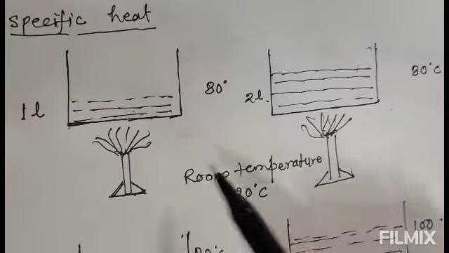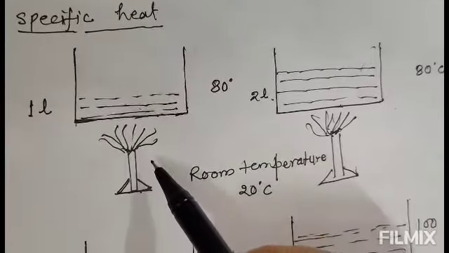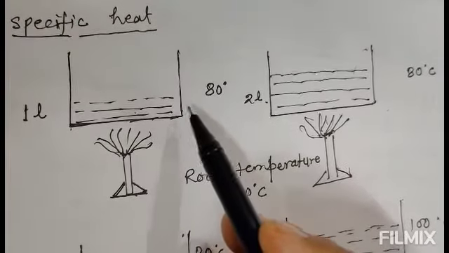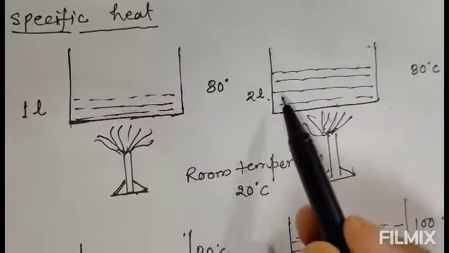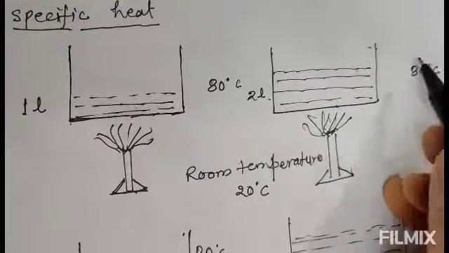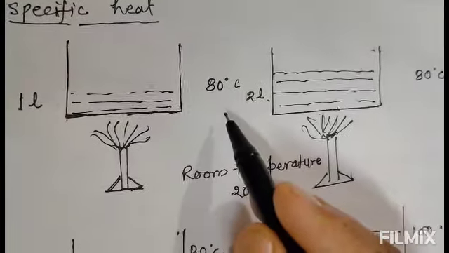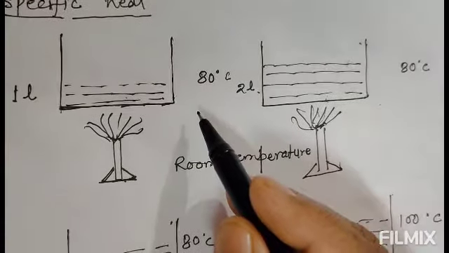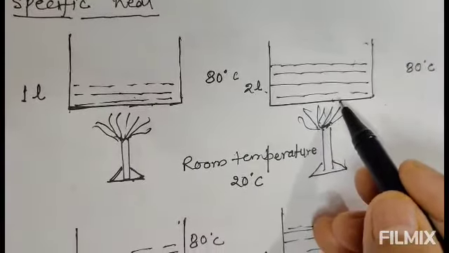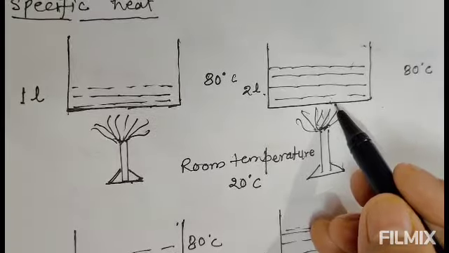Now we have to supply heat to both the containers so that the temperature increases in both containers to 80 degrees Celsius. Obviously, you know very well the heat which we have to supply to the second container will be more, because here the mass is more.